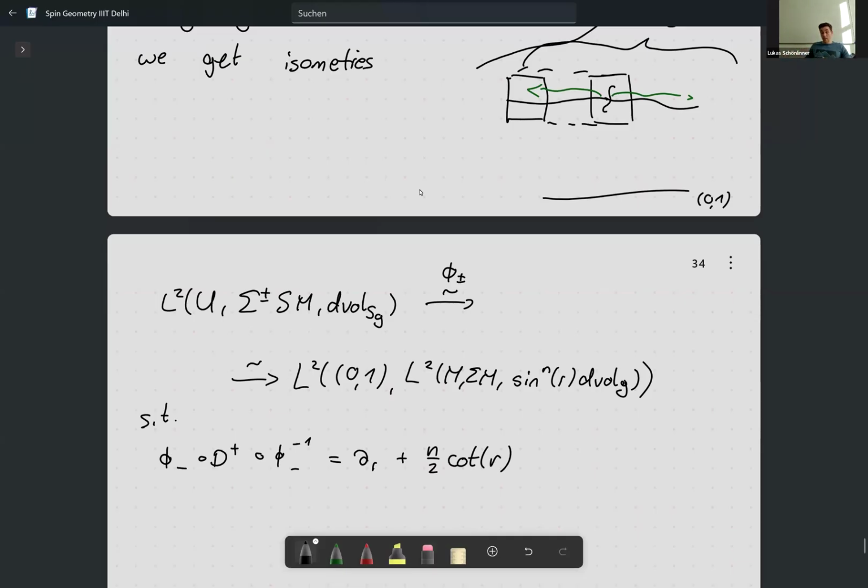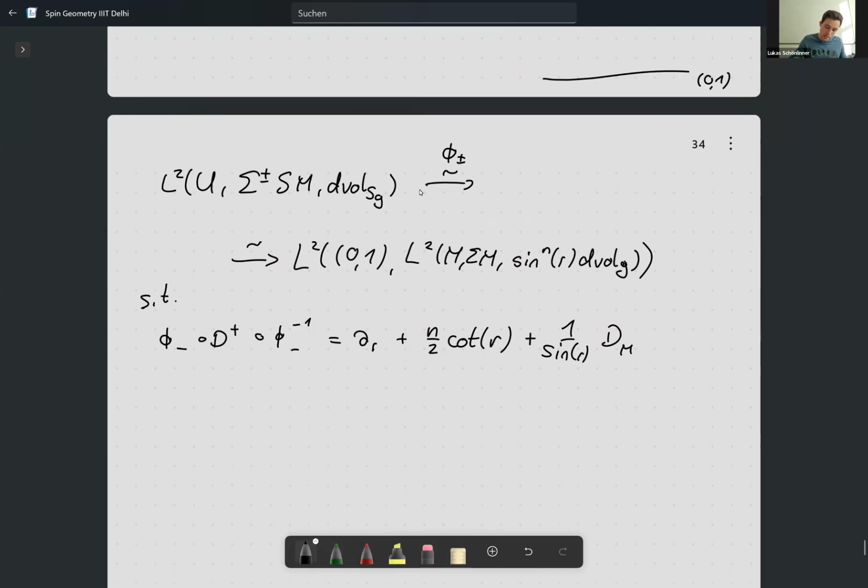This is the mean curvature of this kind of product that we take. So in general, here would be the mean curvature plus 1 over sine r D_M. So the operator kind of takes a product form now, and I should say we consider here the untwisted Dirac operator. So yeah, with the twisted operator, you would get additional terms here.